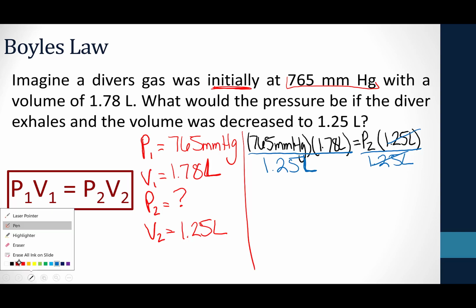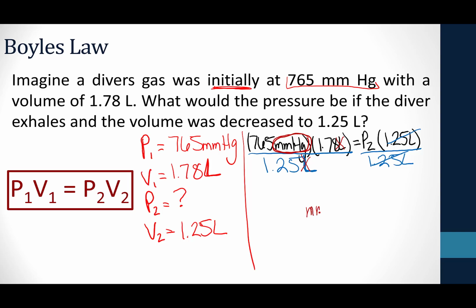Let's keep a close eye on our units here. So I have liters on top, liters on bottom. Those cancel. The only unit that's left in my problem is the millimeters of mercury. But that is good news because we are solving for pressure, right? That's a pressure measurement.